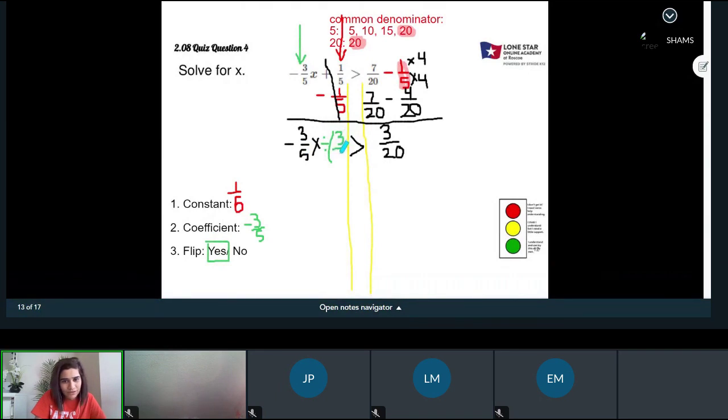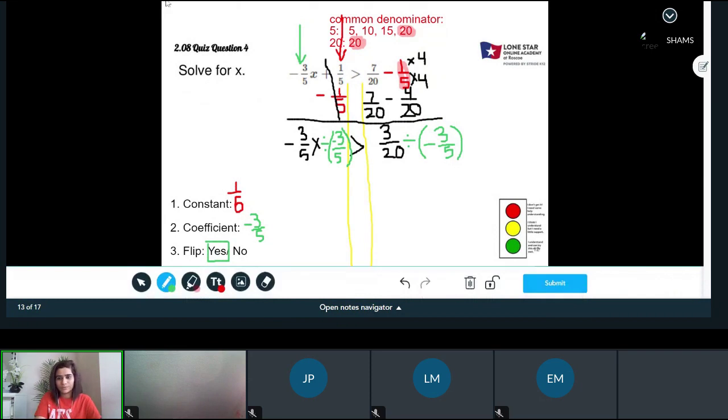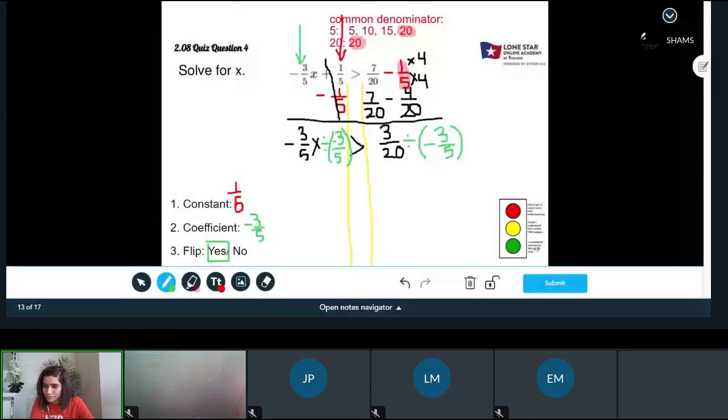And just a little more added work than other inequalities, but conceptually we are doing the same thing. And divided by negative 3/5. If there are any questions, please let us know so that we can always help you.